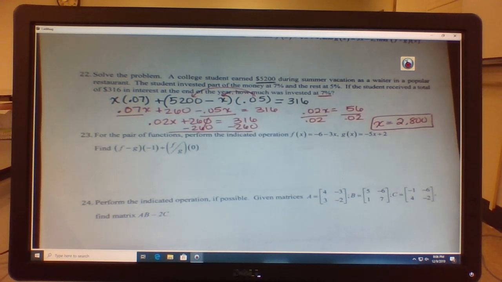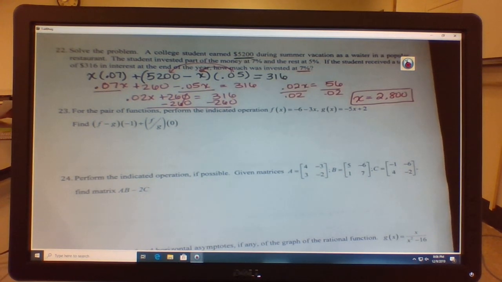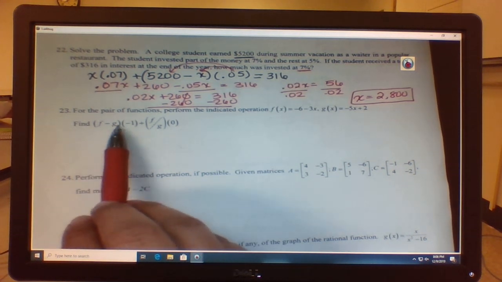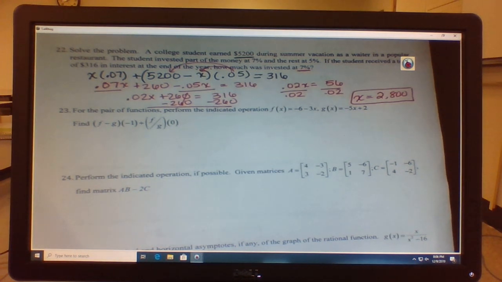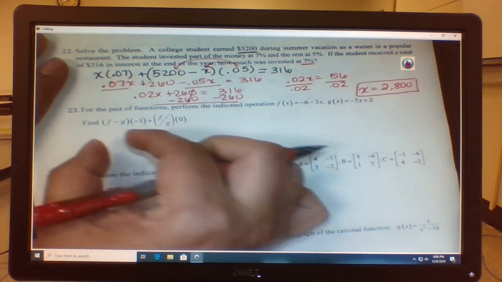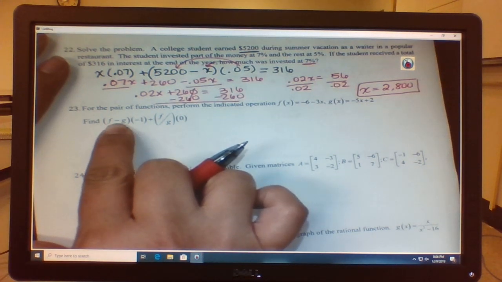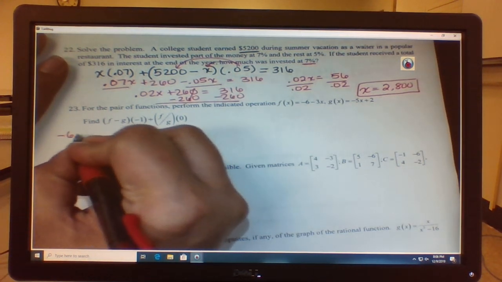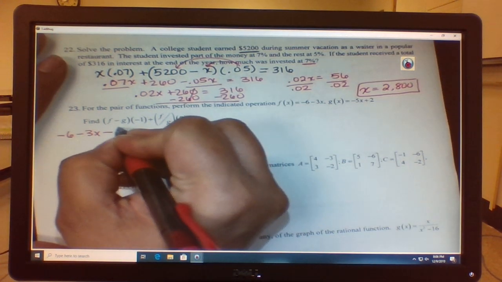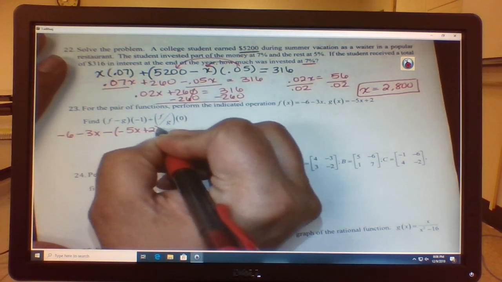Okay, I did 24 times 23. 25. What am I supposed to plug in here? Plug in a -1. So you have to do this part first, and then this part. So what am I supposed to do with F and G? Subtract them is correct. So I have -6 minus 3x, that's F, minus, put parentheses, 5x plus 2.